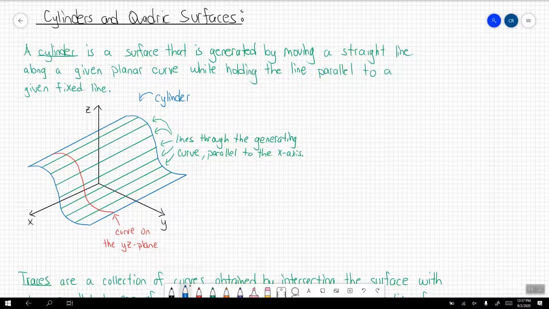Now, more specifically, on screen here, your surface is the blue surface. That's my cylinder. As we go through the definition, we need some lines that are moving through that will be generating this specific surface. So we have this generating curve, and that's going to be the curve in red.